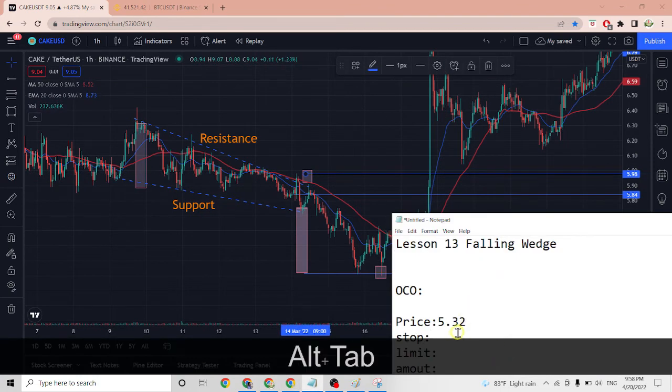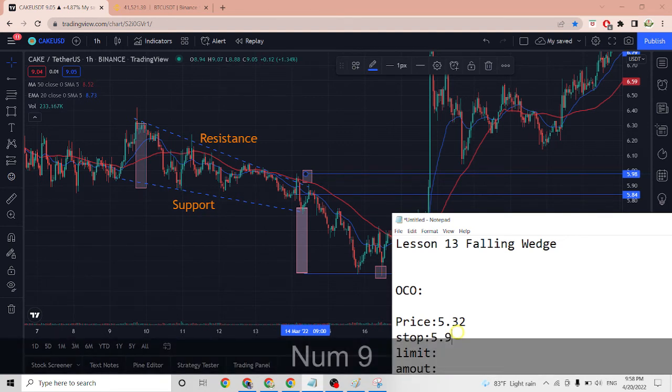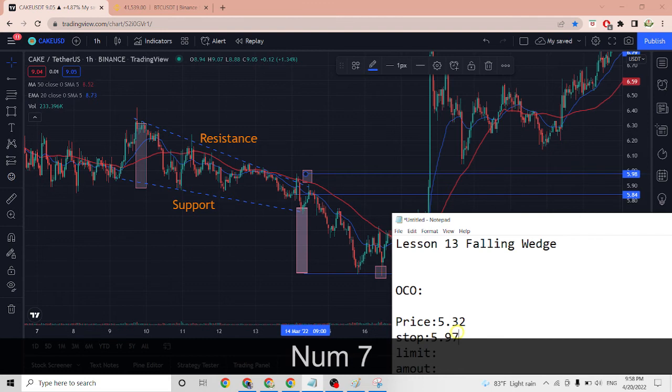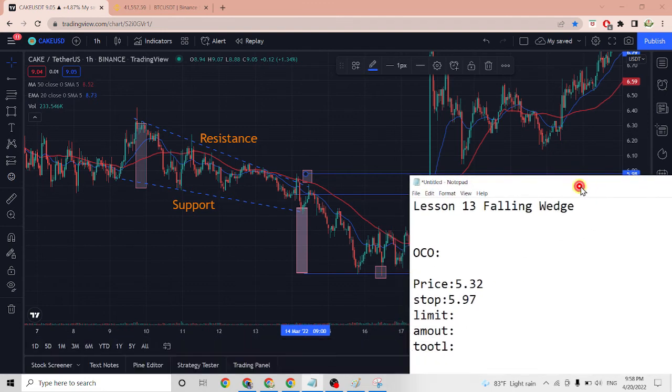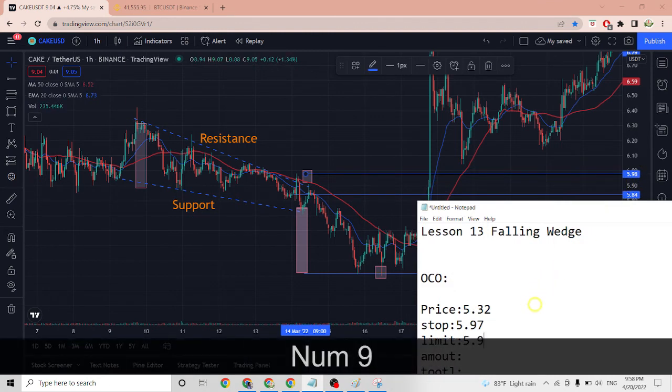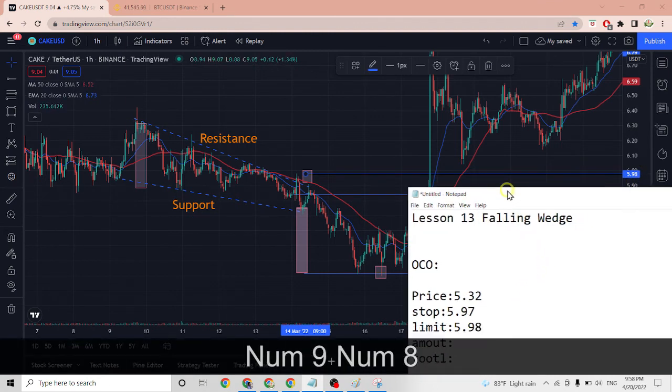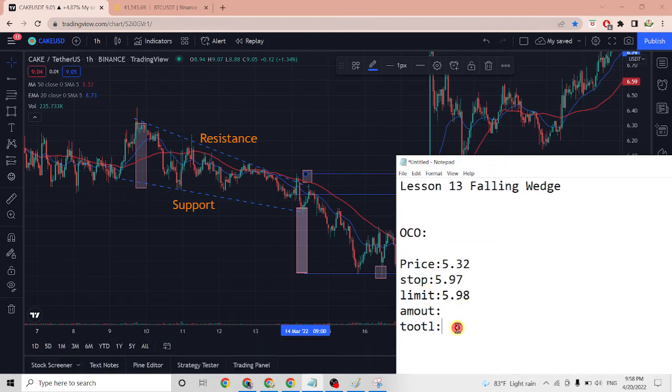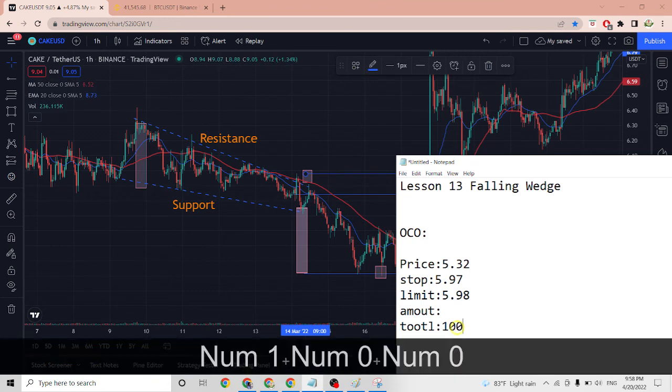Stop is 5.7 like this. Okay, so you can set limit 5.38, and this is the coin and your amount. For example, you buy $1,000.